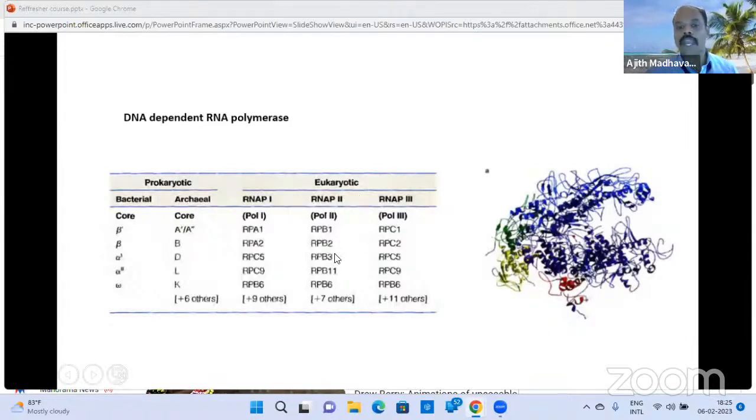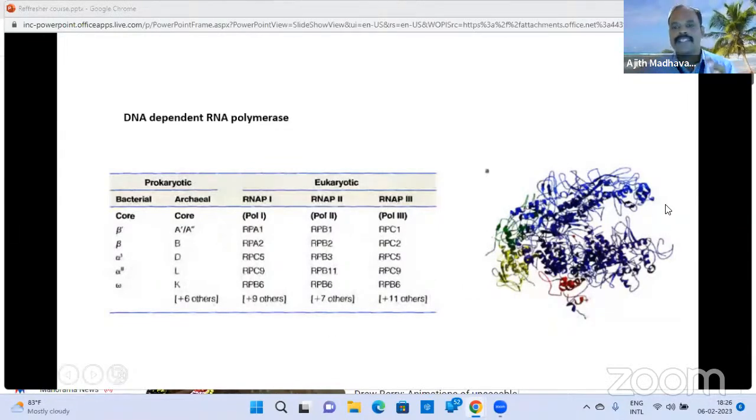In eukaryotes, again, you have RNA polymerase 1, RNA polymerase 2, RNA polymerase 3, and so on. Usually polymerase 3 is the active polymerase that synthesizes the mRNA molecule.